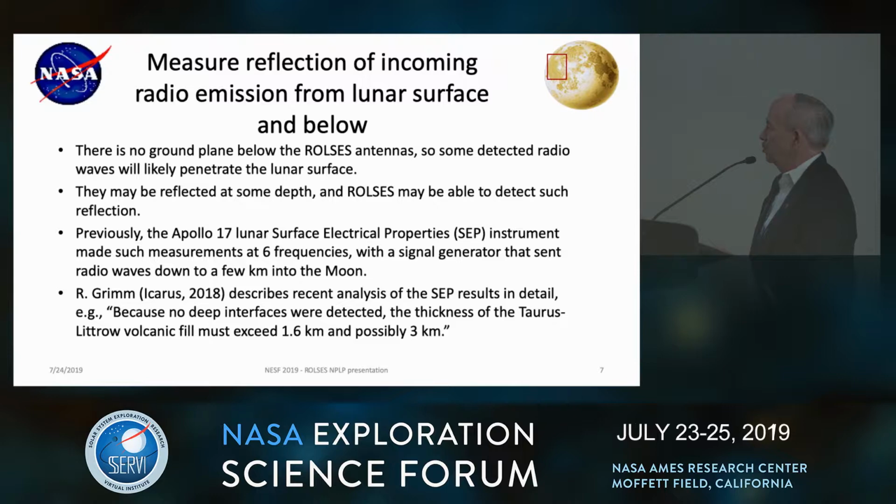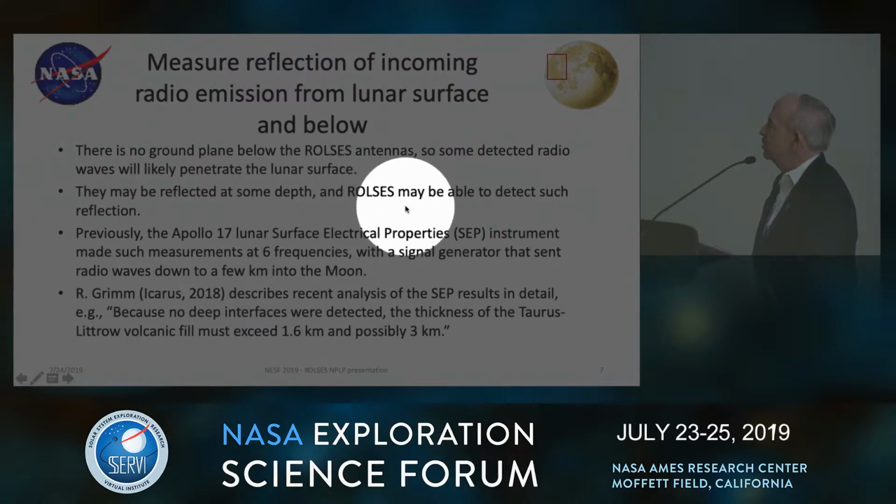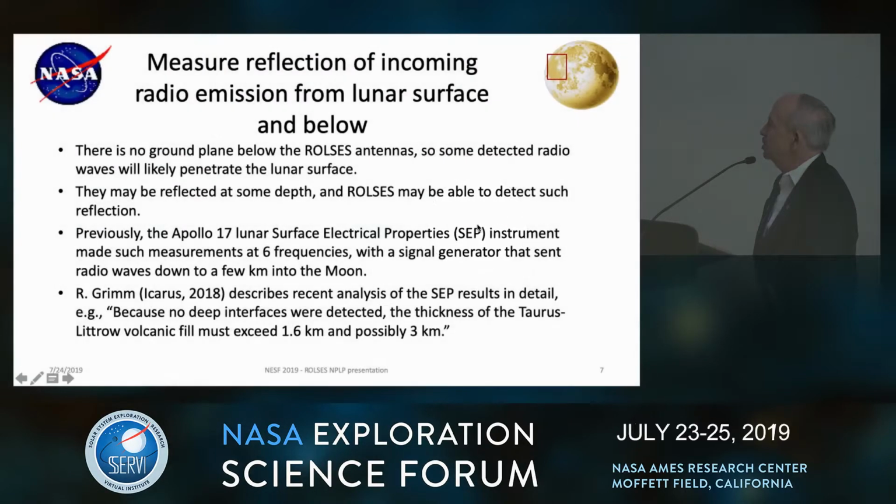A better example is the Apollo 17 Lunar Surface Electrical Properties SEP instrument that made such measurements at 6 frequencies. There was a signal generator that created the radio waves, and then the detector was on the rover, so that they made measurements at various distances from the signal generator.